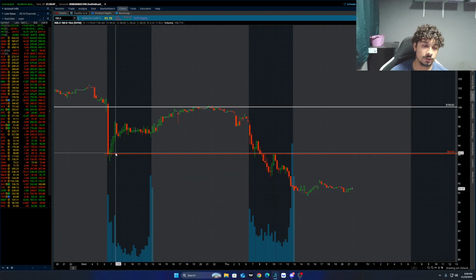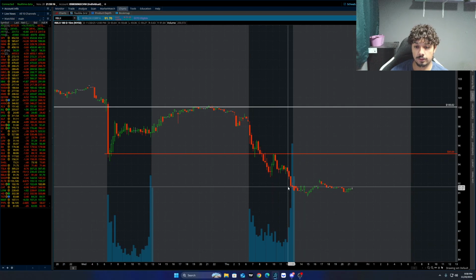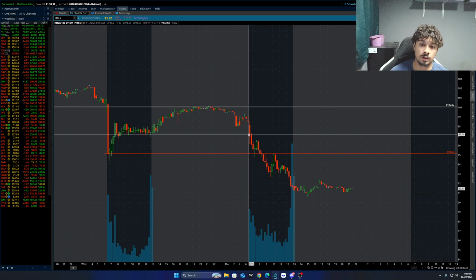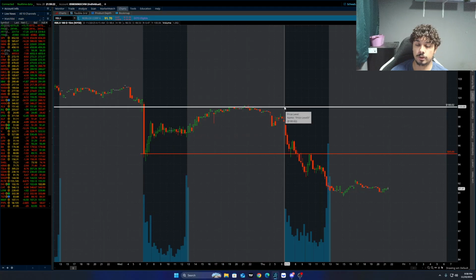So look, yesterday's low reacted today, or today reacted to yesterday's low. So that could have been your re-entry to the downside once again. So if you caught this, my entry would be right here. Stop loss pre-market high, dollar stop loss. Take it all the way low, all the way to yesterday's low.